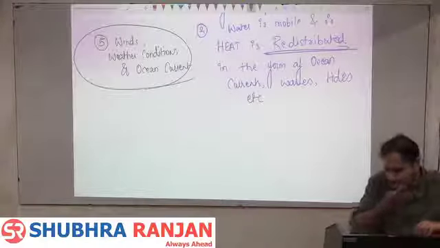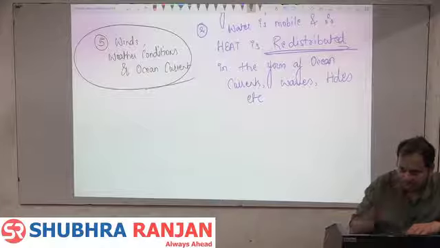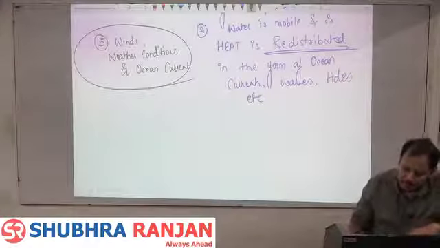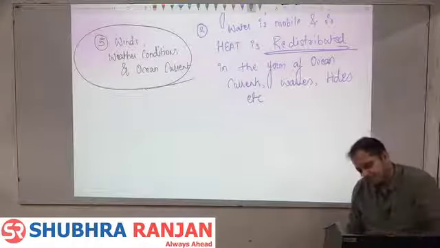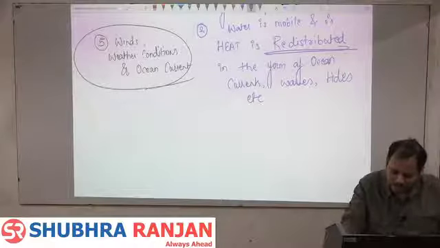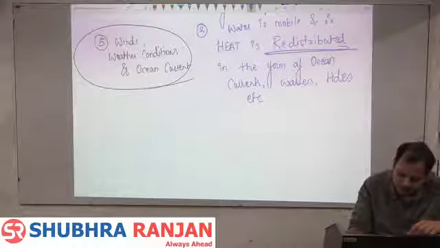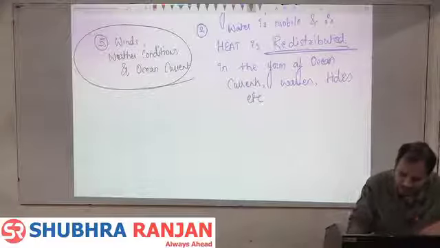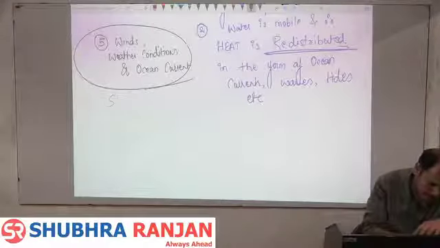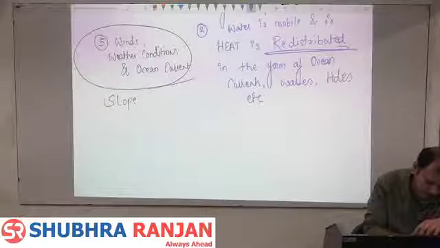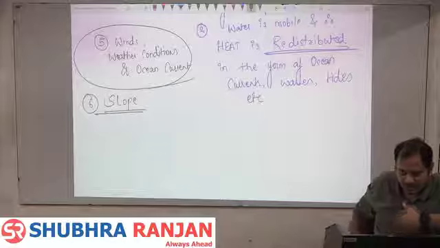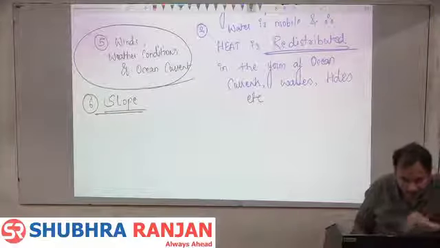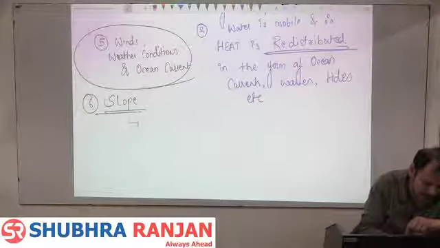So these are the factors that determine the temperature. Getting it? Cloud cover, slope: the slopes which face the sun will be more heated, the slopes which do not face the sun will be less heated.